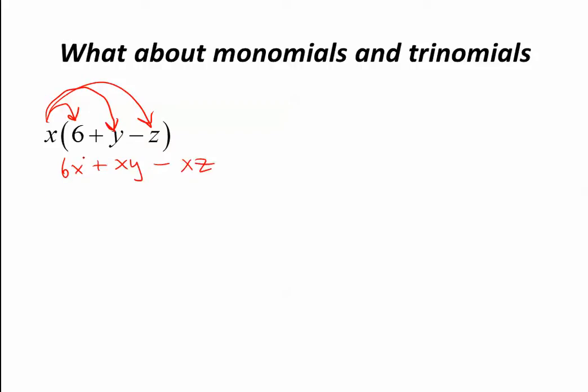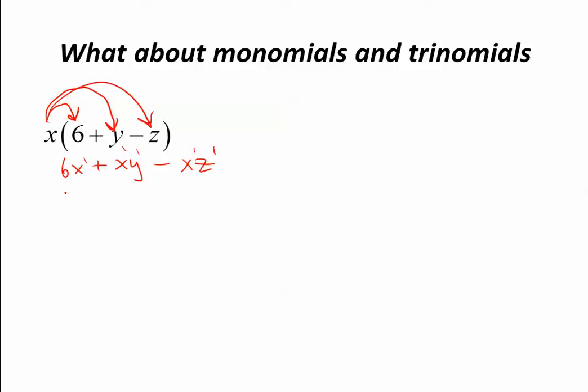So the degree on 6x is 1, the degree on x is 1, and the degree on y is 2. The degree on x is 1, and the degree on z is 1 as well. Sorry. So xy has a degree of 2, and xz also has a degree of 2. So these are the higher degrees, so they should actually go first. But they both contain x first, but then y and z, we'll put those in alphabetical order.